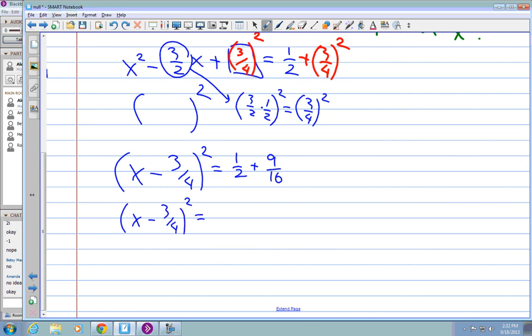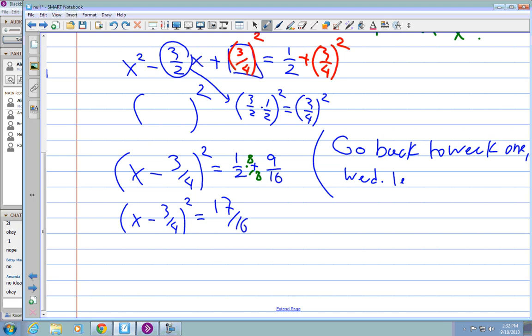What is the common denominator on the right? 16, is that right? So when you add the right-hand side, you get 17 over 16. So go back to week 1, the Wednesday lecture, and review completing the square.